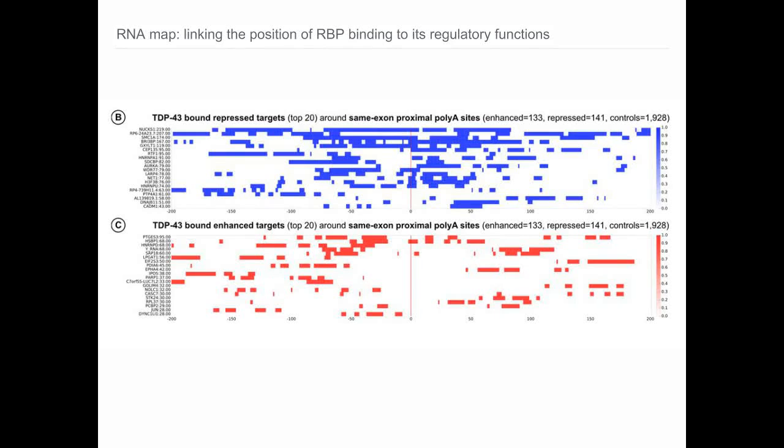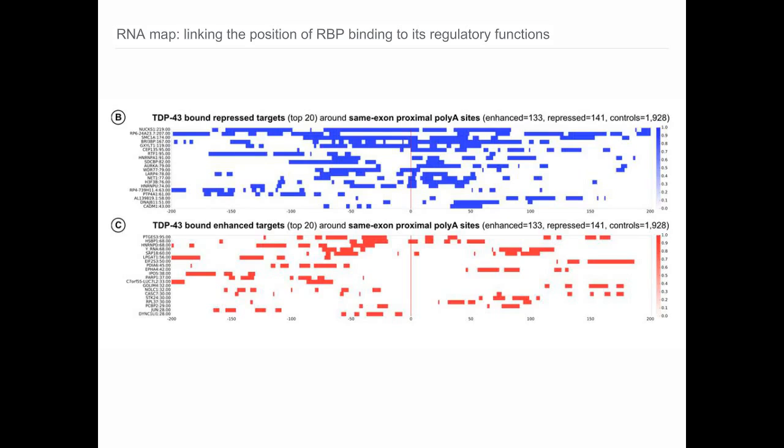And you can see the same now in this new slide, where we just plot the top 20 sites which have most binding around repressed polyA sites or enhanced polyA sites. And you see this zone of exclusion for the enhanced sites, which generally will not bind just next to this cleavage event. It will bind further away.